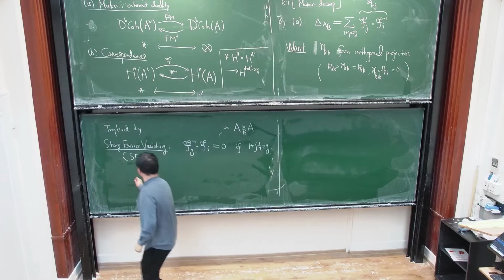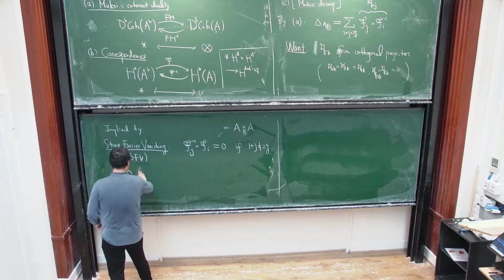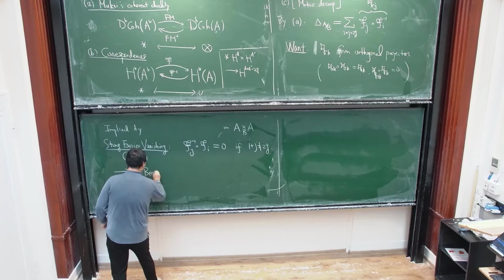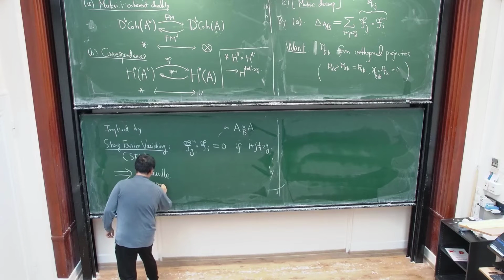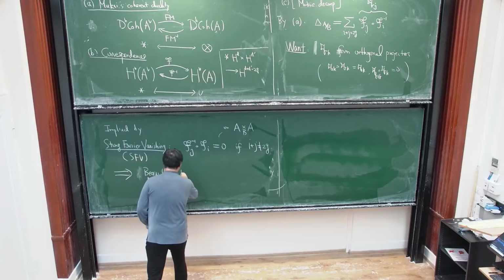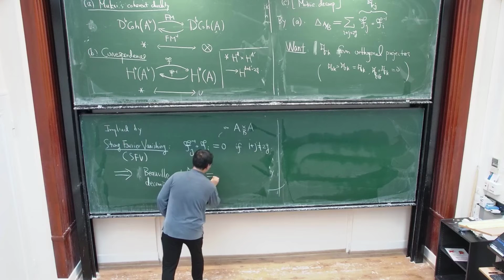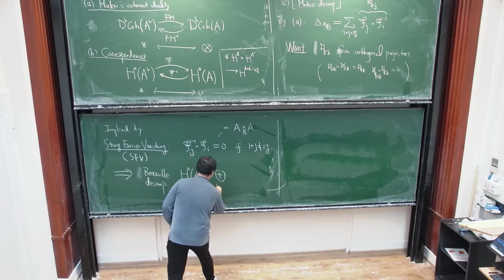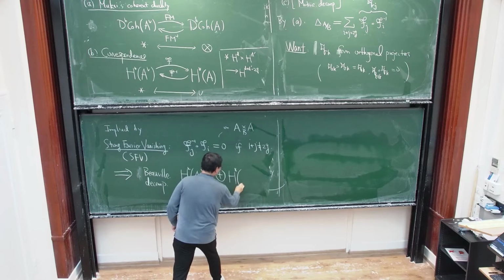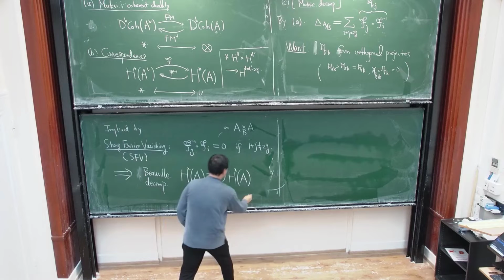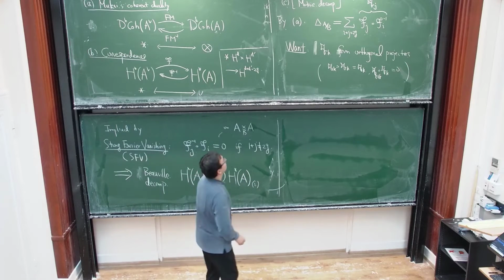So in particular, you get a decomposition of the cohomology, known as the Beauville decomposition, the cohomological Beauville decomposition, which says that the entire cohomology of A decomposes into pieces.